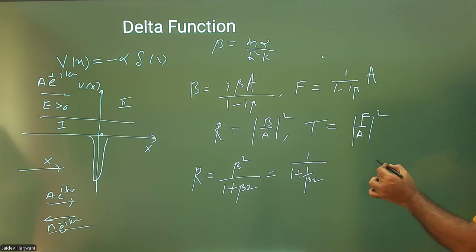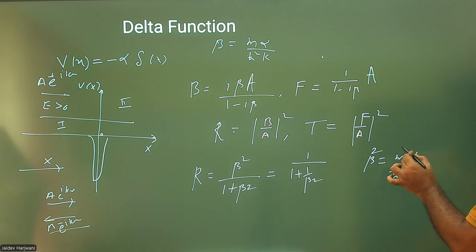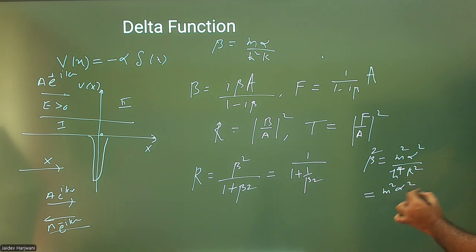And beta we already know: beta is m alpha upon h cut square k. And if I now square it, this becomes 2, this becomes 4, and this becomes 2. And k square value I already know, k is 2mE upon h cut square. So h cut cancels, and you have alpha square only here.